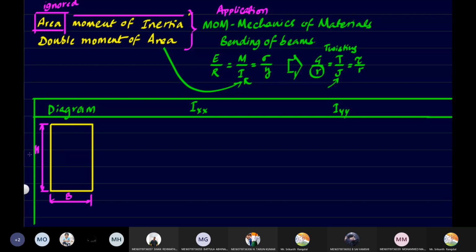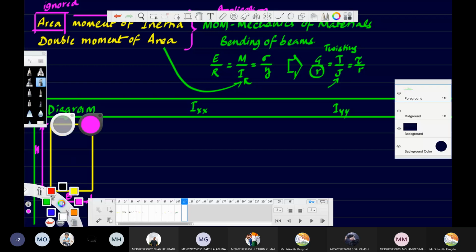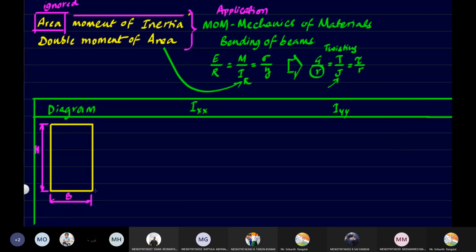So depending on what book you're following, it will be different. Then coming to the axis, depending on where we take the axis, the moment of inertia will be different. So this axis here is called the XX axis.